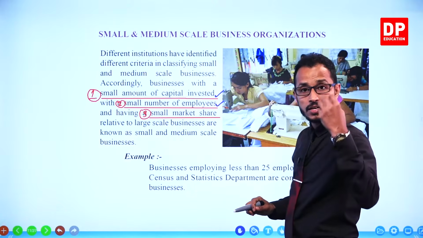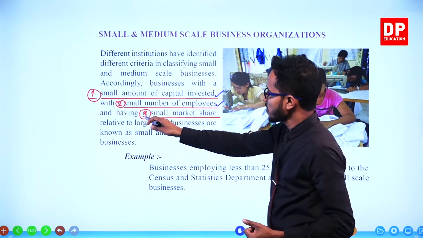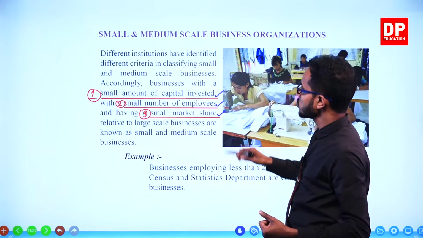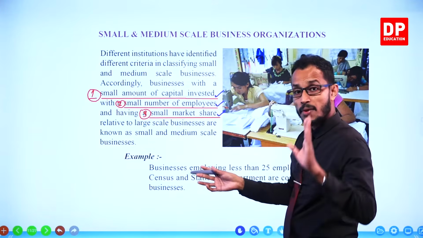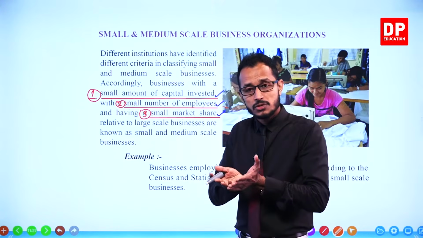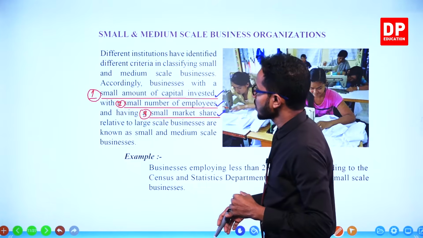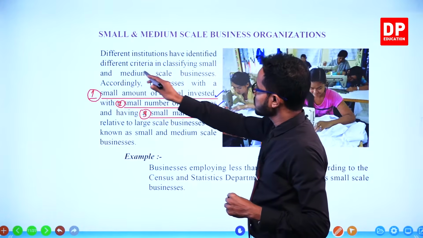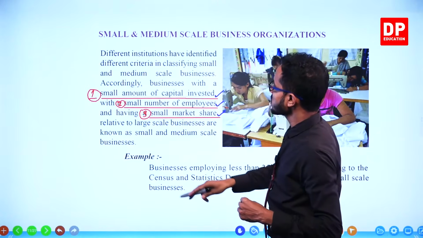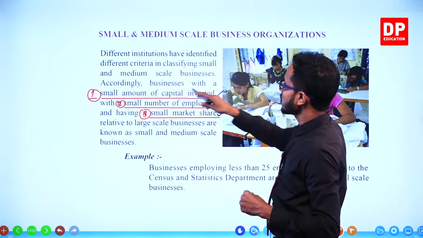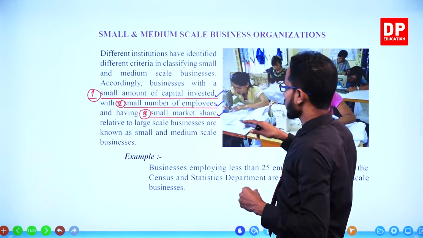And the third one that I gave you was the amount of energy used. That is not used here to determine whether it's a small scale business. We use the amount of energy used to determine whether it's a large scale business. Here, to determine whether the business is small scale, they have used amount of capital, small number of employees, and small market share.